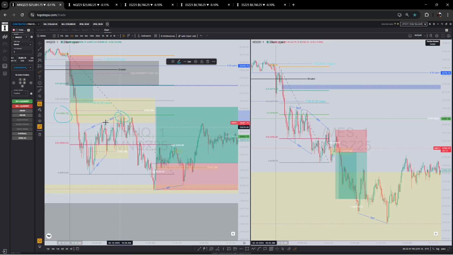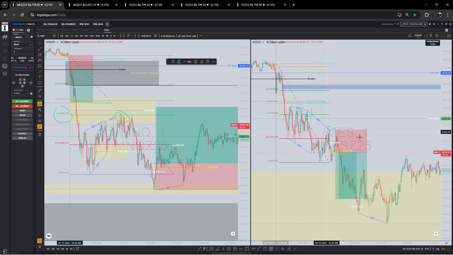We made SMT at that moment when price hit discount of the range, 50% of the range, with NQ making this high and a higher high, and ES making this low and a lower low.